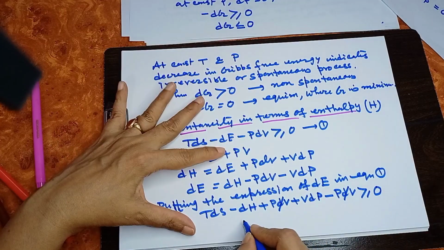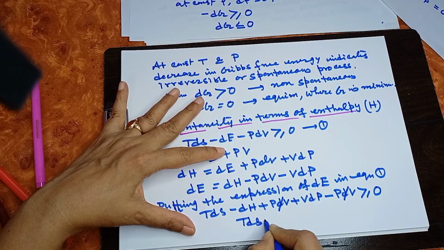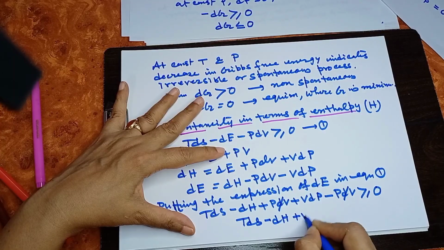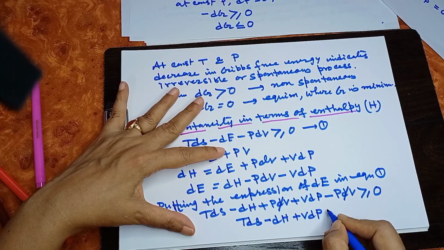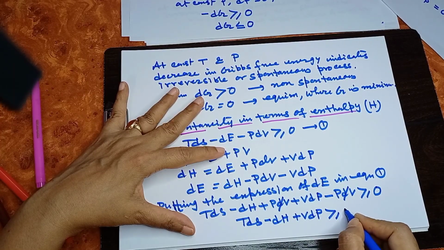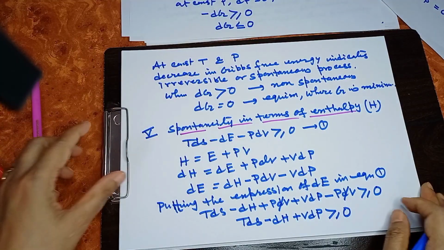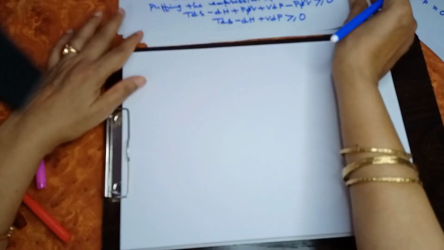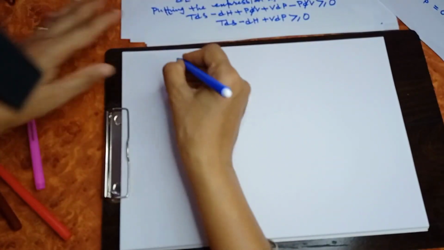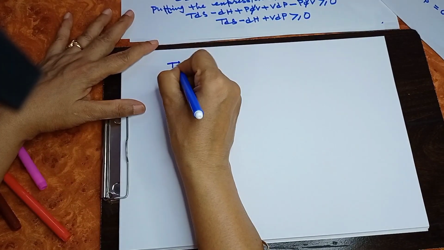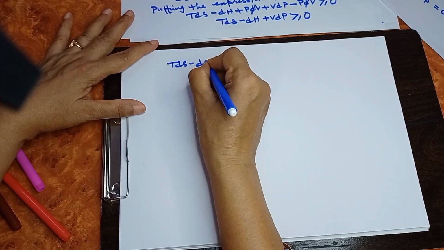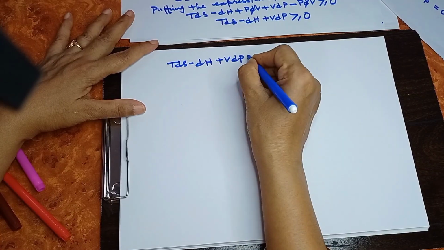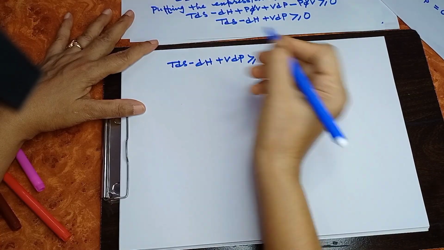What is left over is TdS minus dH plus VdP greater than or equal to 0.